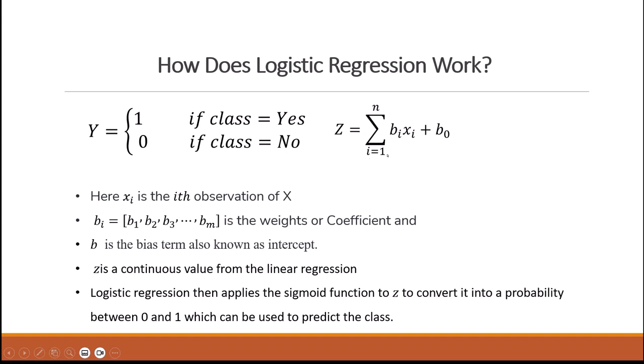And as we learned from the linear regression lesson, we could create this formula according to our predictors, their corresponding coefficients, and the intercept to find the continuous value in linear regression. But in logistic regression, we convert this continuous value to a probability between 0 and 1 by using the sigmoid function.